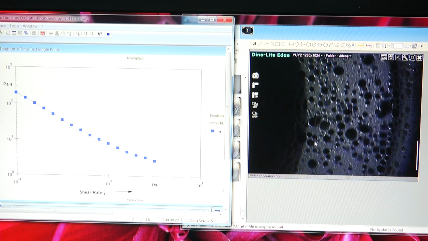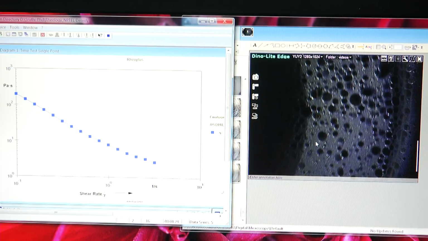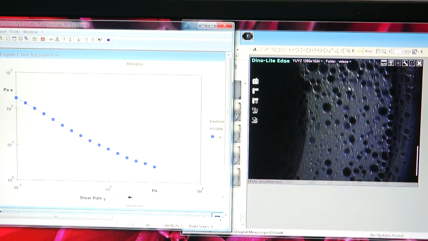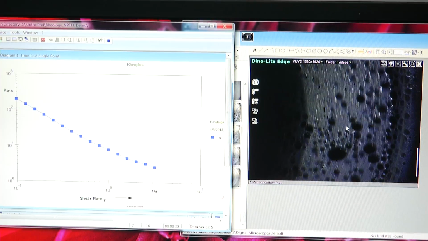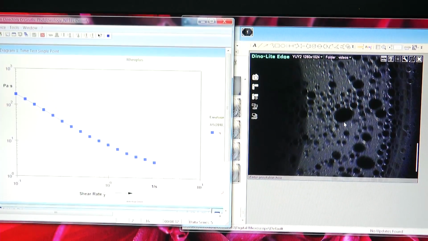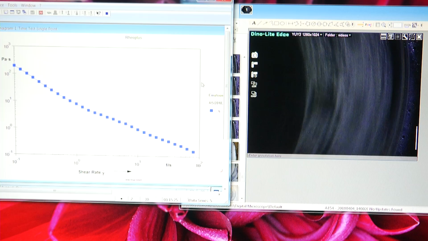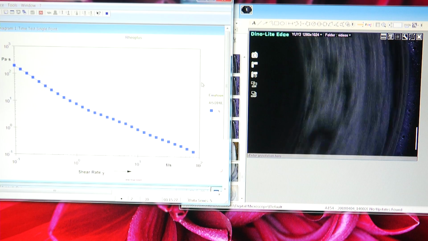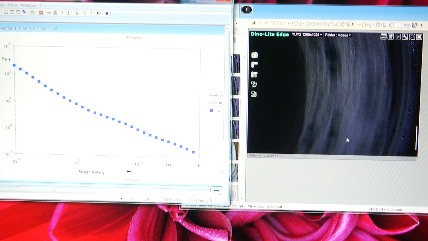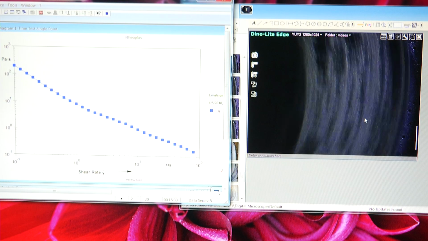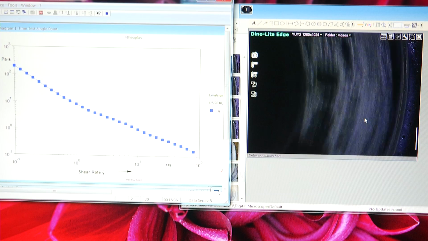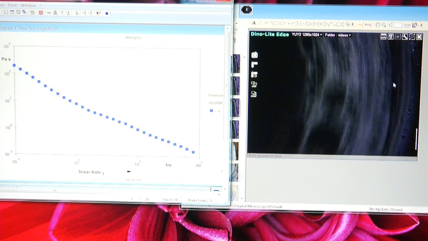So after a shear rate of about 10 second inverse, we may not be able to capture the droplet motion properly, but if you use a camera of a higher fps, you can capture it properly. Now the shear rate has reached almost 100 second inverse, and now the speed is too high for the camera to capture. If we use a higher fps camera, as I said before, we can capture this motion also.